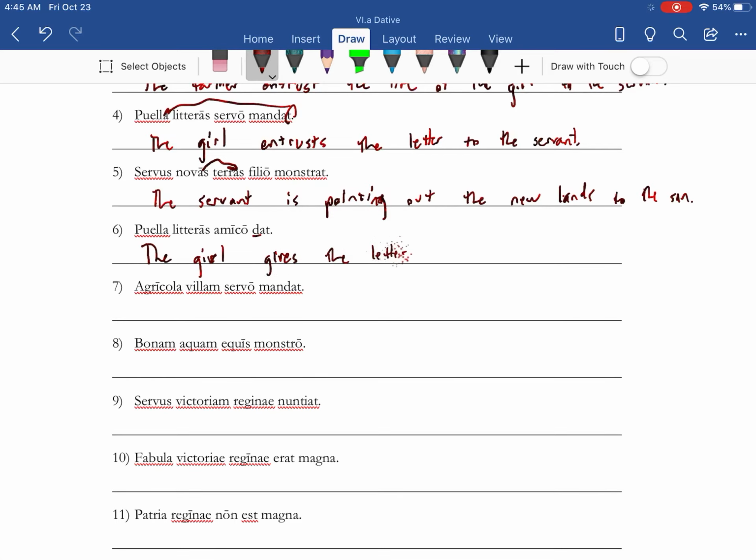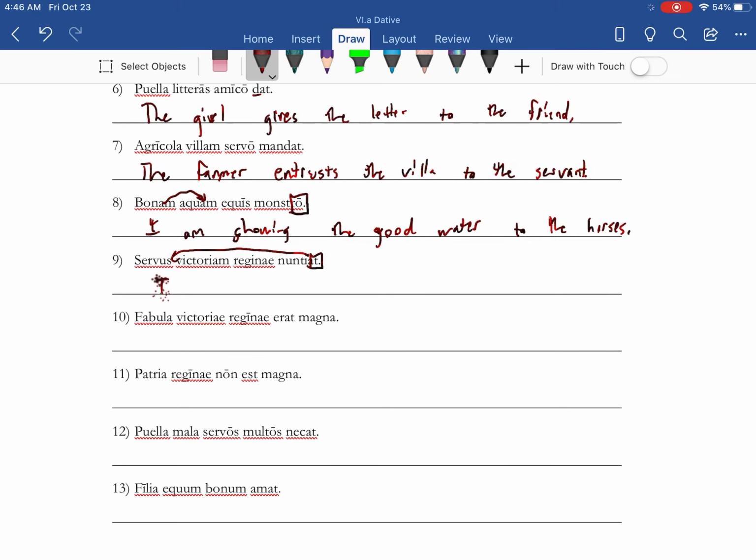Bonum to aquam, so good water. The servant announces the victory to the queen.